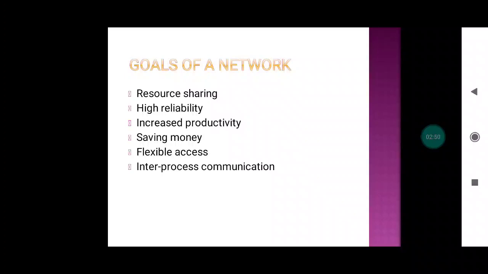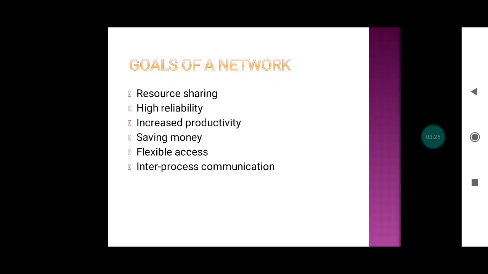Then high reliability. When we are linked to a network that is secure enough and we can share information through it, then we are using a reliable network. Then increased productivity. Whenever we want to share information in an organization or for other purposes, it becomes efficient to share the information in a quick time and with accuracy, without any error.